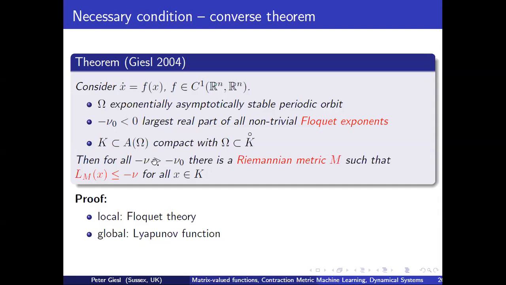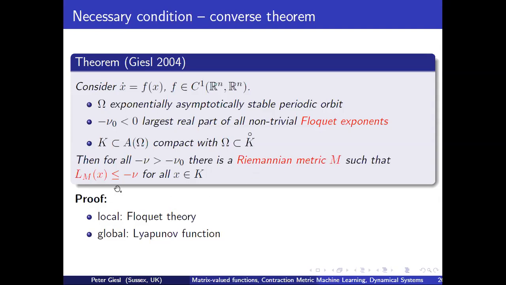So we need basically a little epsilon. It's something that's strictly larger than our bound here. And the proof is locally, we can find this M by Floquet theory, and then we match it globally with a Lyapunov function to find such a Riemannian metric that satisfies our conditions.